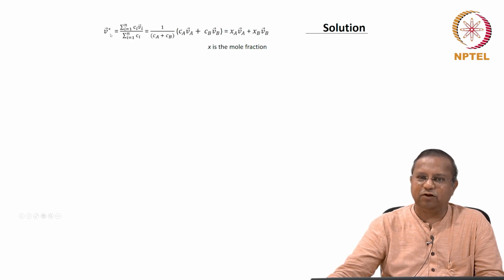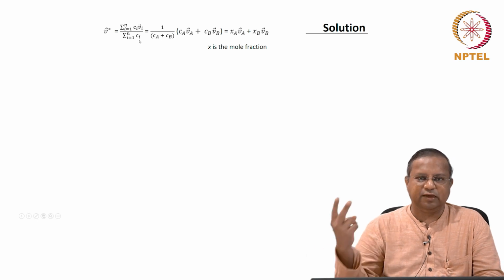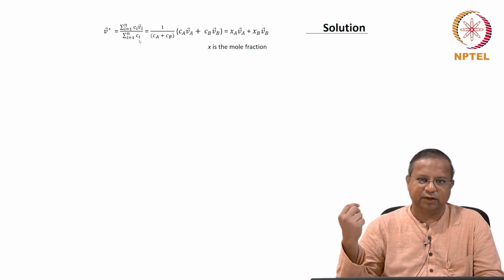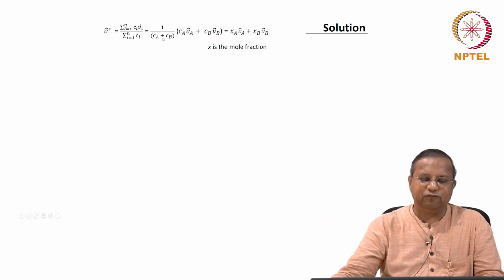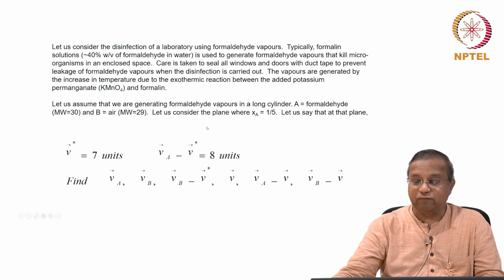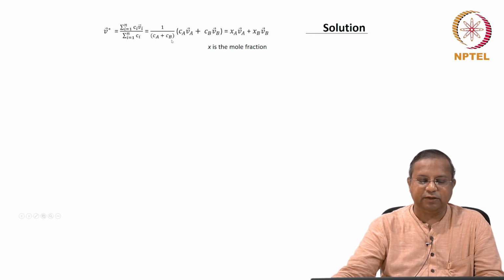The molar average velocity is sum of Ci Vi divided by sum of Ci. In this case, you have only two components, formaldehyde and, just a second, yeah, formaldehyde and air, not water, formaldehyde and air. So, A is formaldehyde, B is air. So, Ca, this is 1 by sum of Ci, sum of Ci Vi, that is the way it is written here.